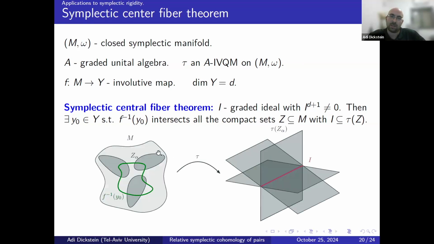So we have several sets that I is contained in their measure, and we know that there is a fiber that intersects all of these sets.